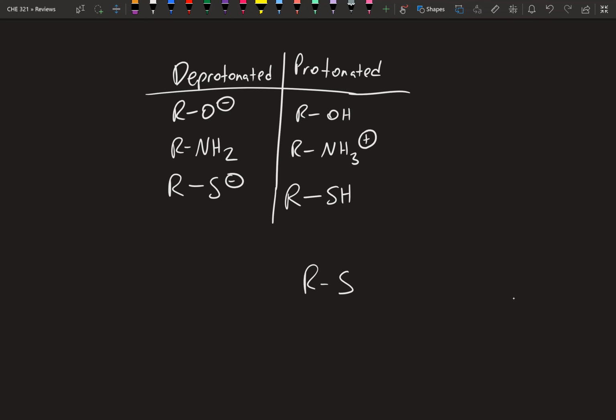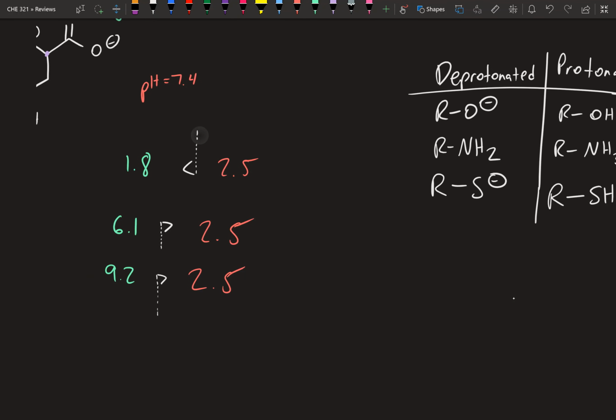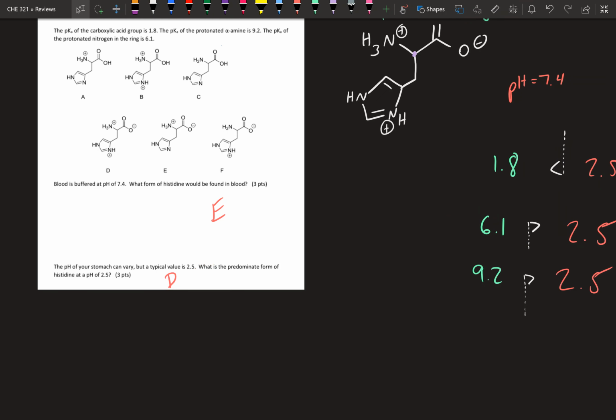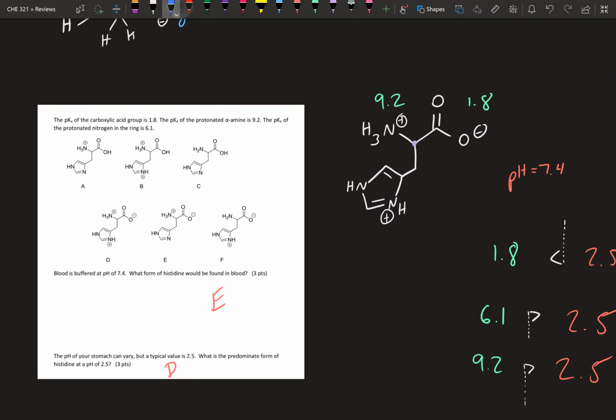Now the kind of wild card is going to be the side chain. So they love to show amino acids, and the cool thing about the amino acids is that this part right here is always the same. It's always a carboxylic acid with that alpha amine. The problem is this over here, the R group. It's always different. Okay, and so you just need to watch out for how they show it to you in the question. So they talked about the protonated nitrogen in the ring.